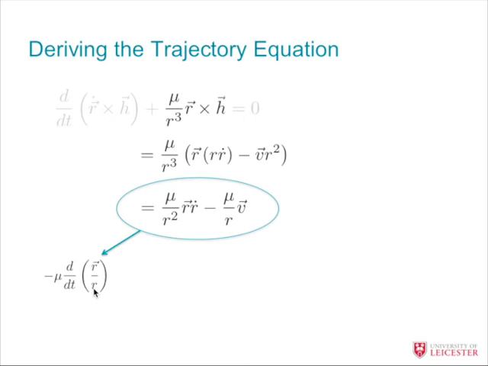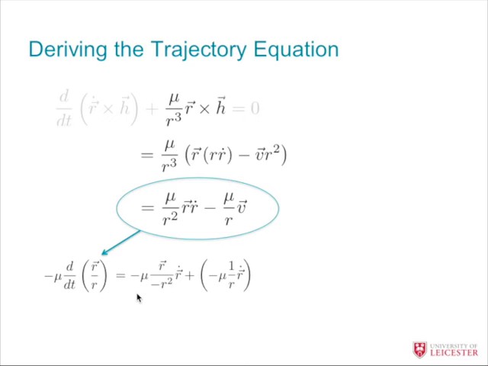So we apply once again the product rule, so minus mu d by dt of vector r over r. I can evaluate that differential as the differential of vector r multiplied by 1 over r plus vector r multiplied by the differential of 1 over r.